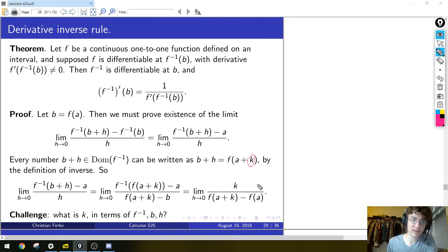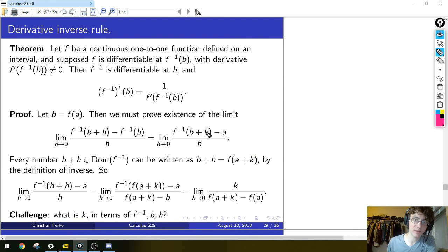When you've made that definition of k, we can simply replace b plus h in the definition of the limit up here by f of a plus k, which is how I've defined it up here. And then again, since f is 1 to 1, we can left cancel. This is why we did this. Because if you left cancel f inverse against f, you're left with a plus k minus a, which is just k upstairs.